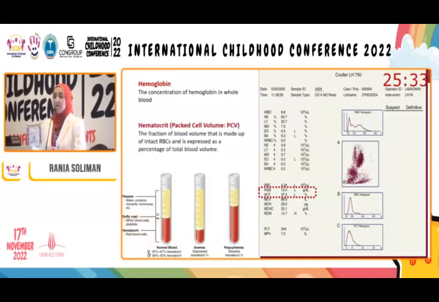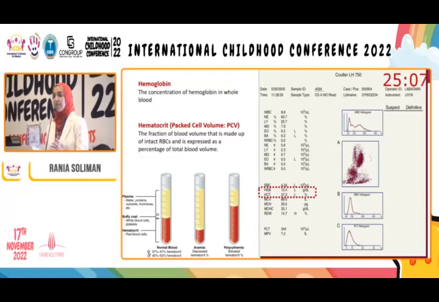The next number we have is the hematocrit, which is the packed cell volume. What does this number mean? When I take the test tube from the patient and put it in the centrifuge, it will be separated. The fraction of the blood volume that is made up of intact RBCs will be separated at the bottom of the tube and expressed as a percentage.